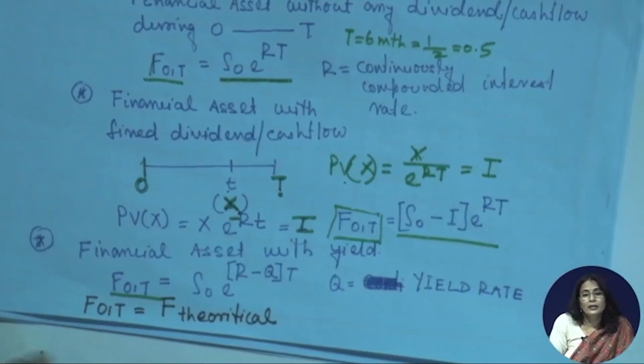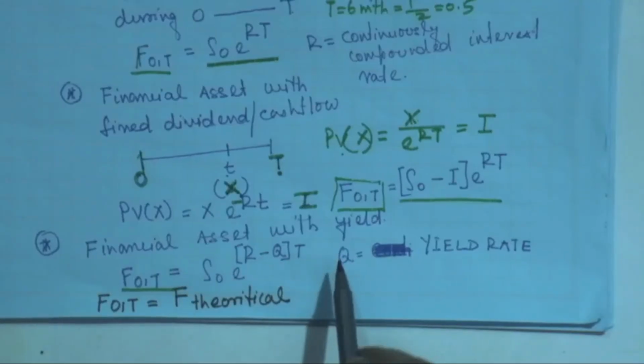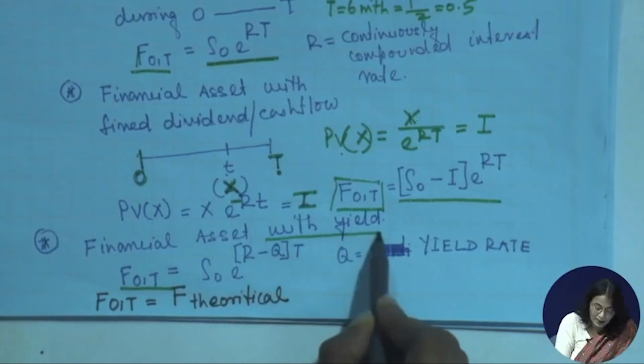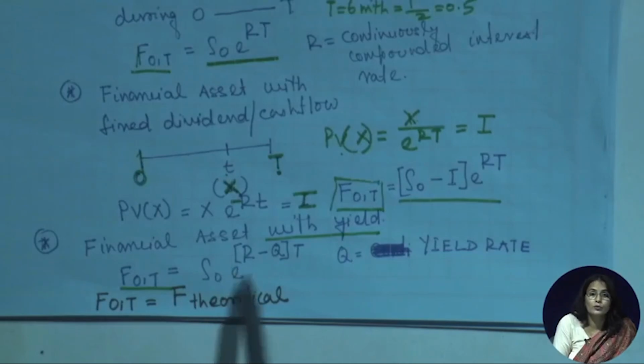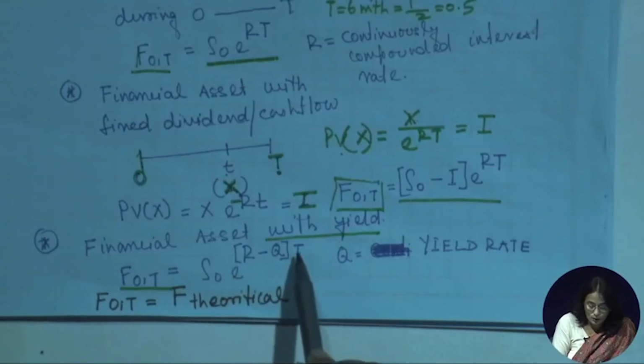Now many a times when the underlying asset is an index, specifically an equity index, we do not use the dividend amount, we calculate the dividend yield. Let's take this example. When the financial asset has a yield, then the forward price is equal to S0 into e to the power r minus q, to the power t.